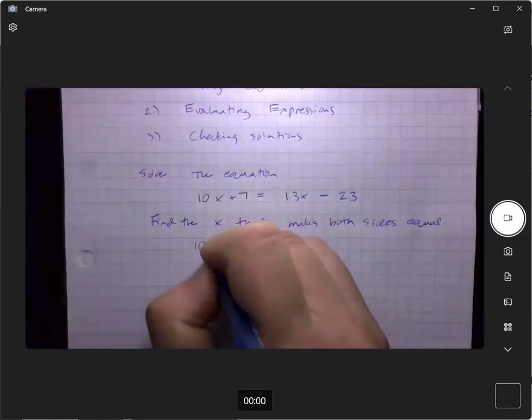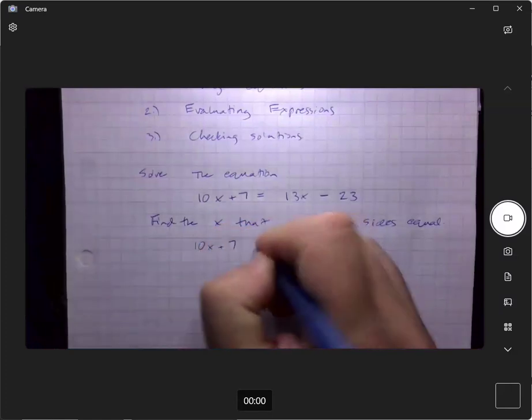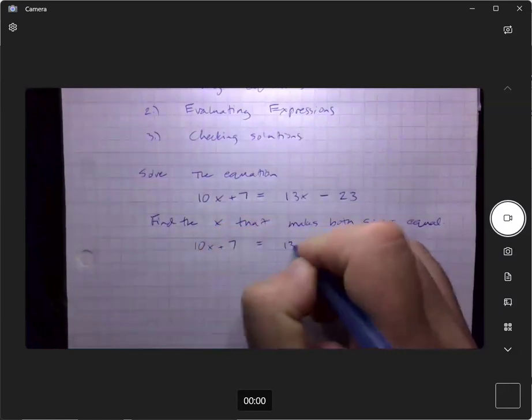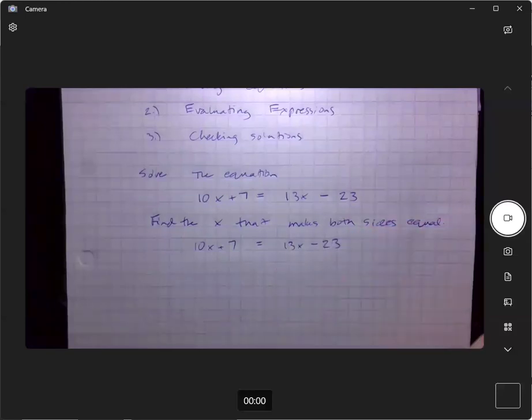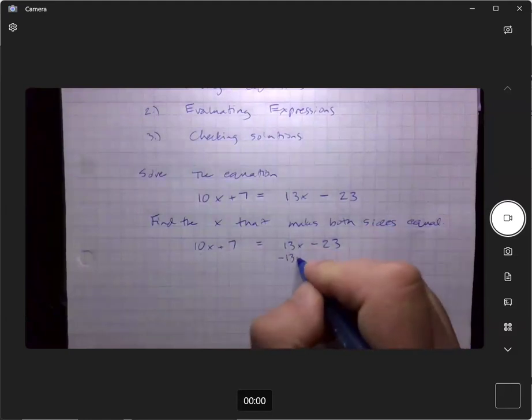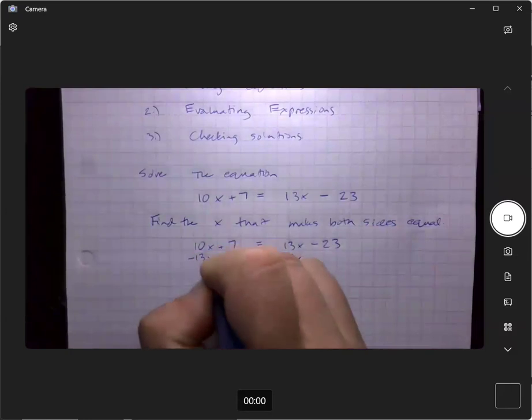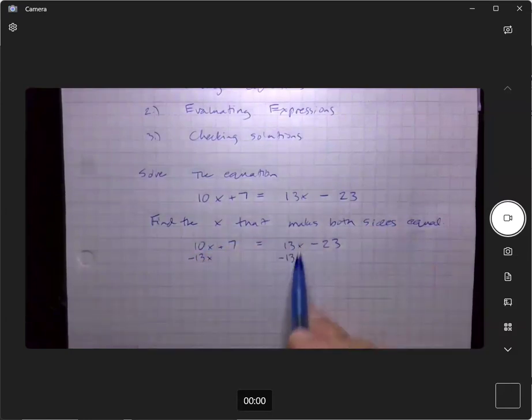So if I have 10x plus 7 equals 13x minus 23, and I'm trying to find the x that makes both sides equal, it might help if I get all the x's on one side and all of the other numbers on the other side. So I could subtract 13x from both sides, keeping the variables with an x one on top of another.